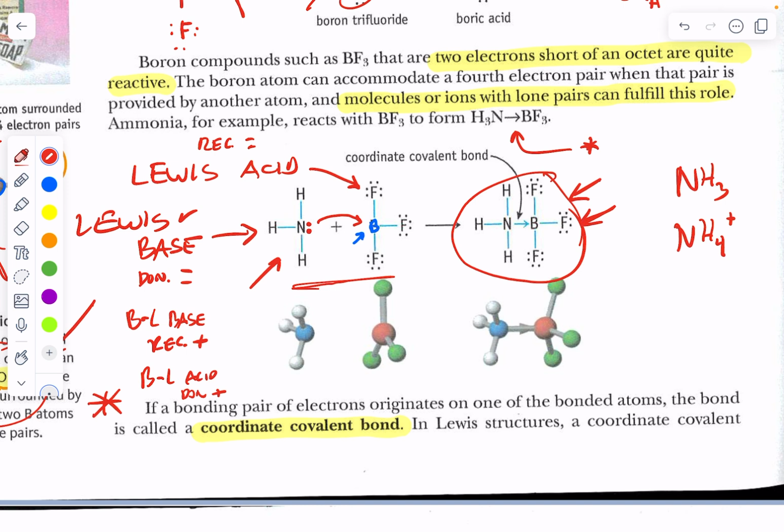One other thing that I should point out is this arrow right here. That's how we designate this unusual shared pair of electrons. When you have a shared pair of electrons where both electrons originate from your base and are shared with the acid, we call that a coordinate covalent bond.